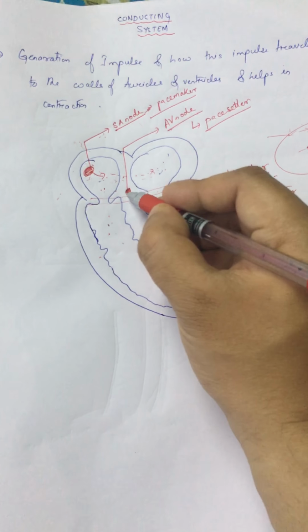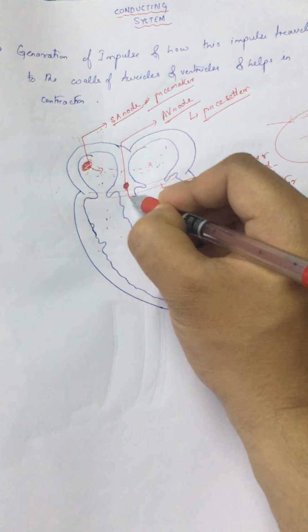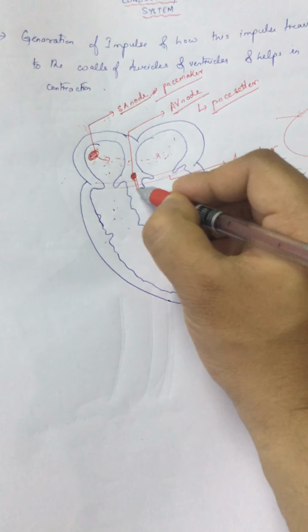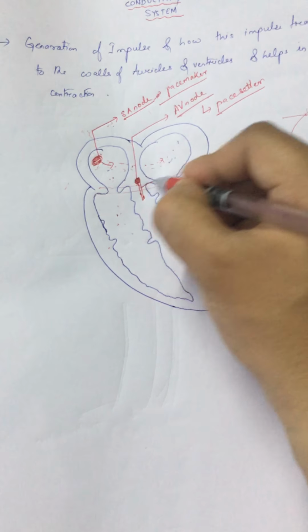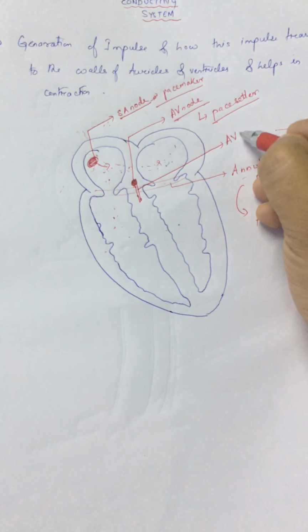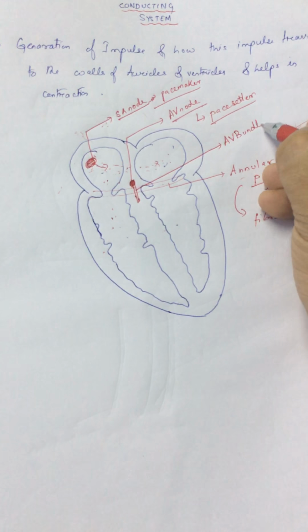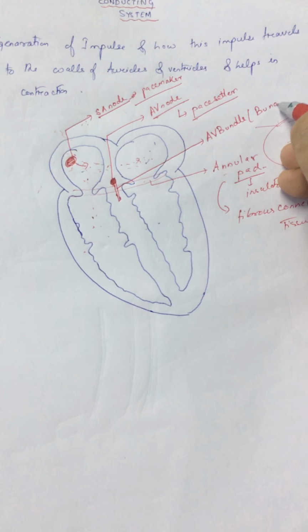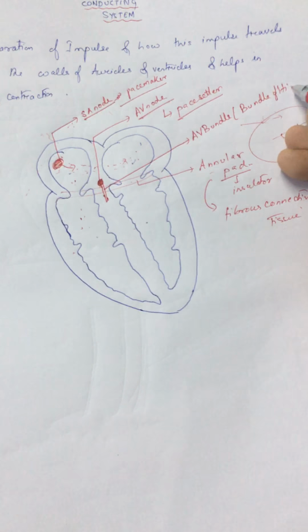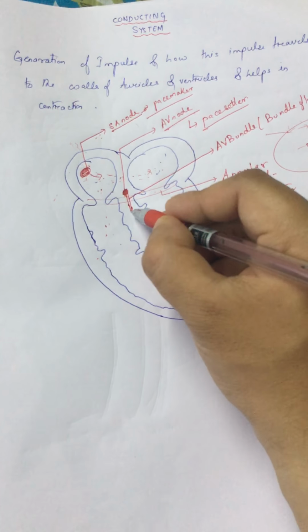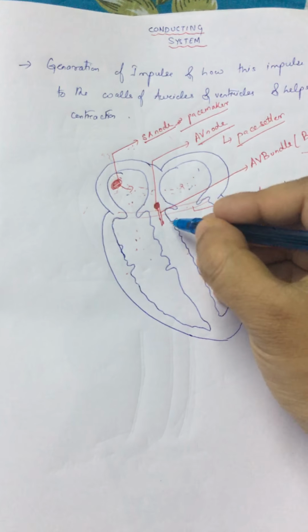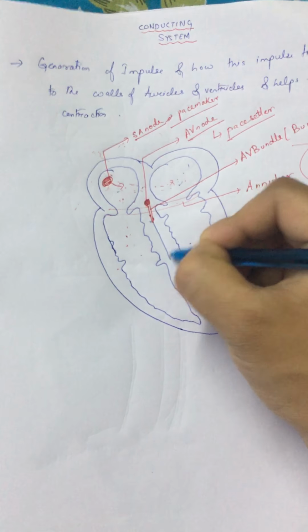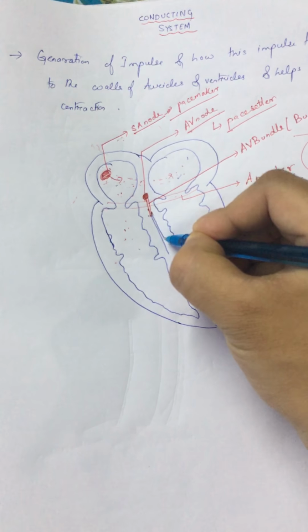The impulse is then transferred to the next part of the conducting system, which is called the AV bundle, or bundle of His. From the bundle of His, two bundles will arise, which carry the impulse to the ventricle side.